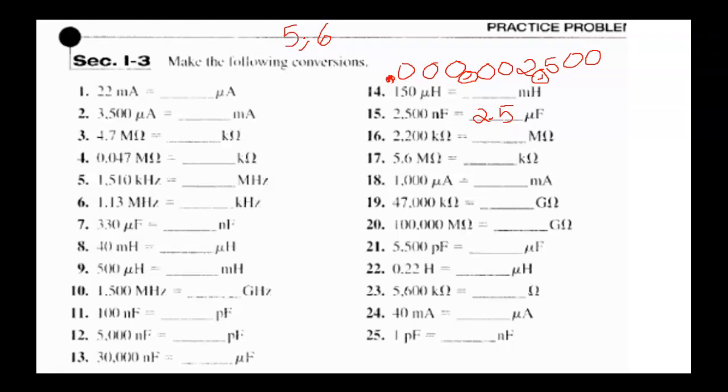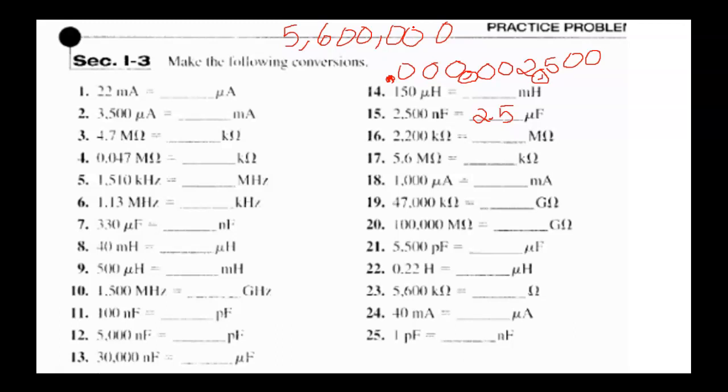That means I'm going to have to move my decimal place from between the 5 and the 6, moving it by a power of 3. There's 3. There's the other 3. So this right here for kilo, 5,600.